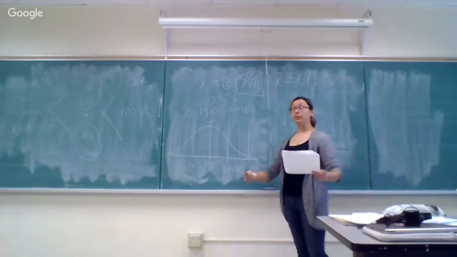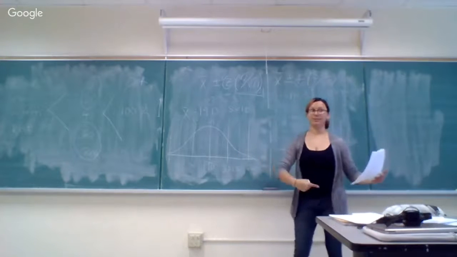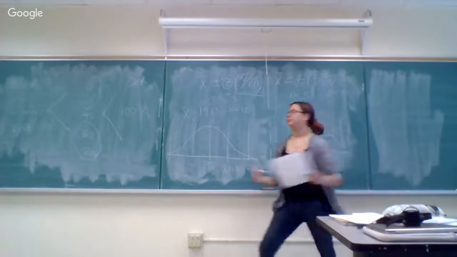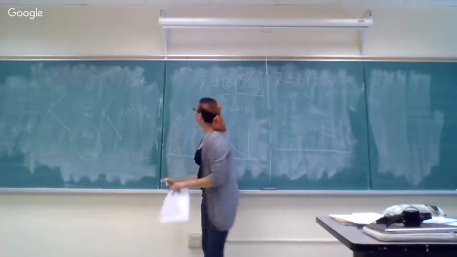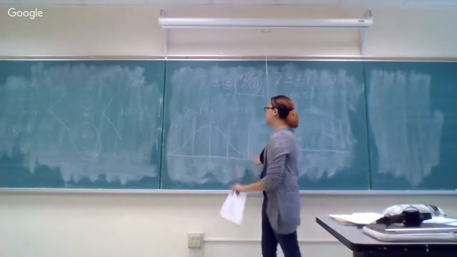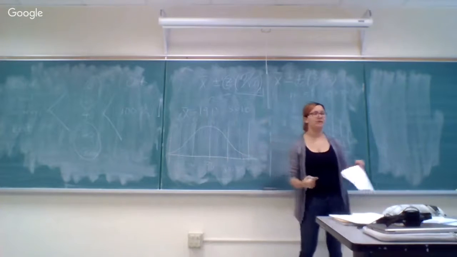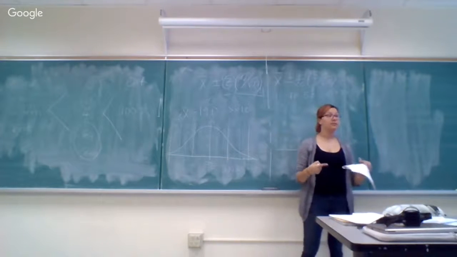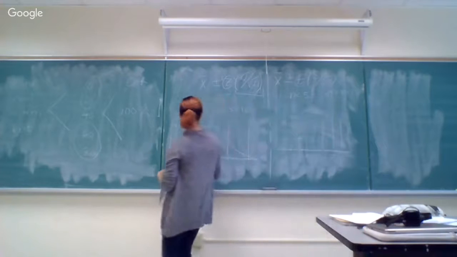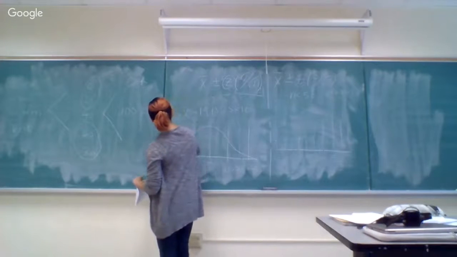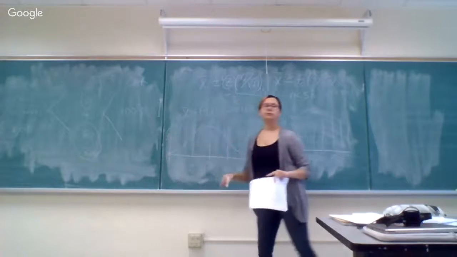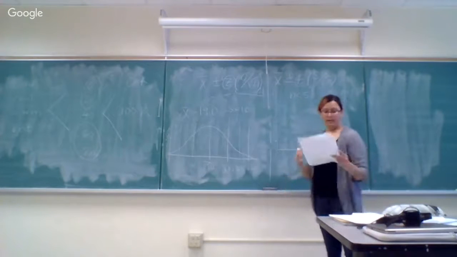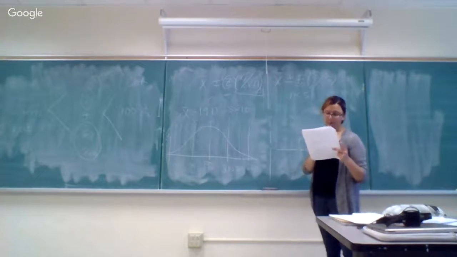Divide that by 2 is 2.35. 2.35. And then outside of 99.7, we're left with 0.3. So half of that is 0.15. That's left over, right? I hope I'm doing this right.